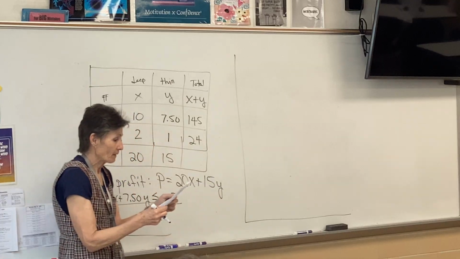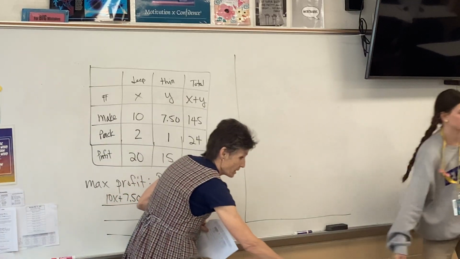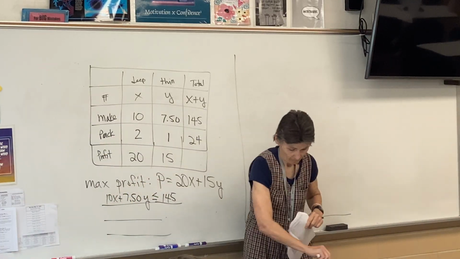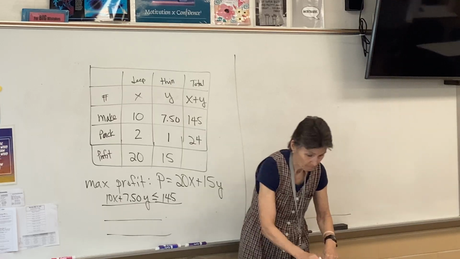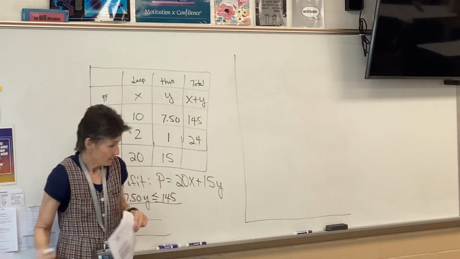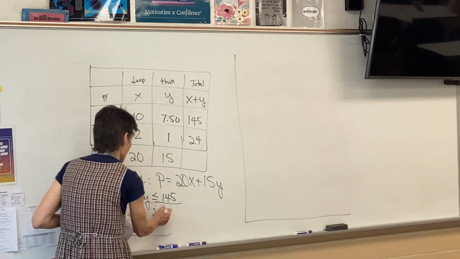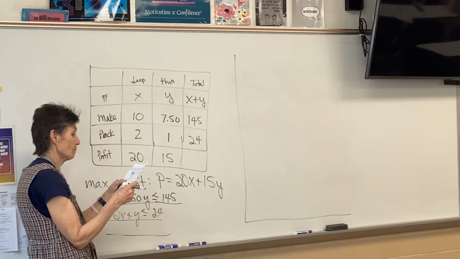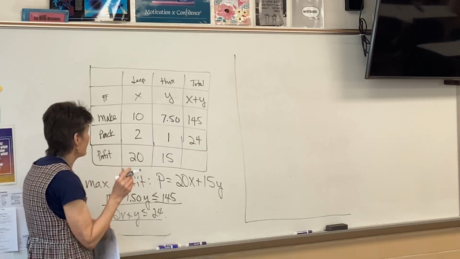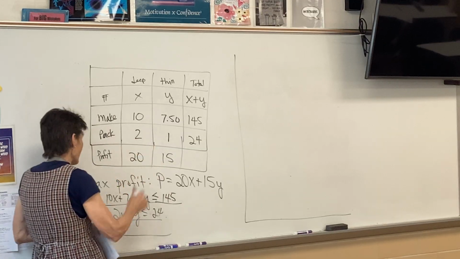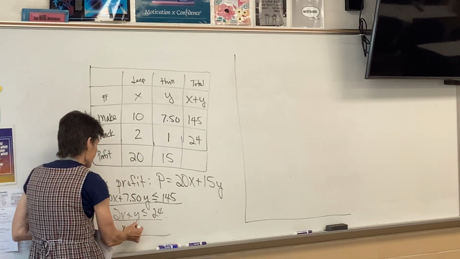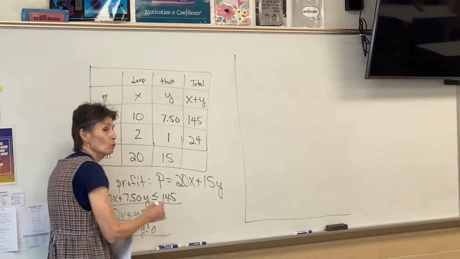All right. Now, what's my next constraint? 2x plus y less than or equal to 24. And then, of course, I'm gonna go ahead and include that x and y have to both be positive.